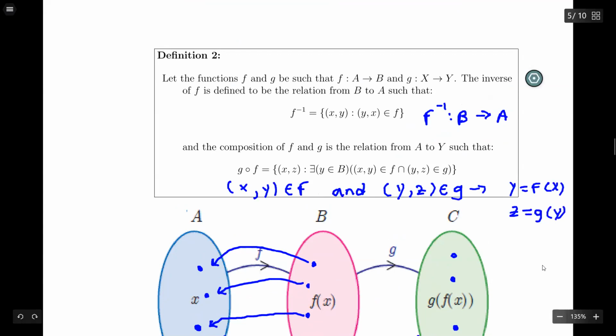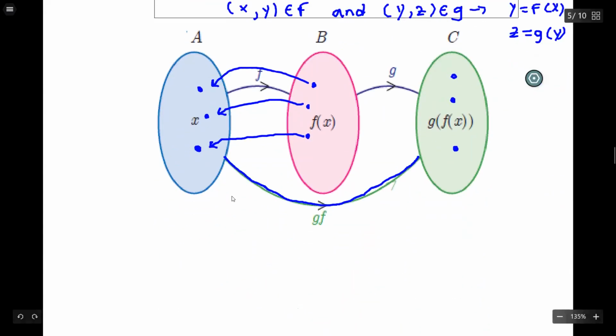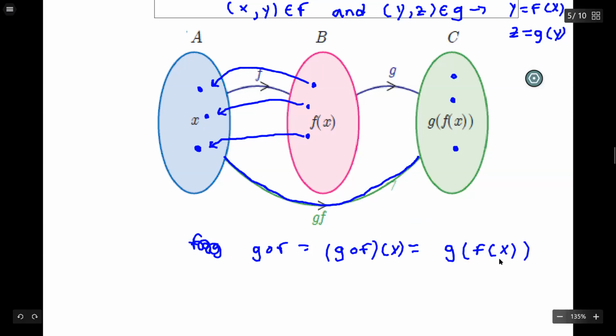So what we could write instead is that g compose f at x is equal to (g compose f)(x). It's a function, but we're going to prove that it's a function in the next theorem, actually. And that's equal to g of f of x. So these are alternative notations you can use for the composition of functions.